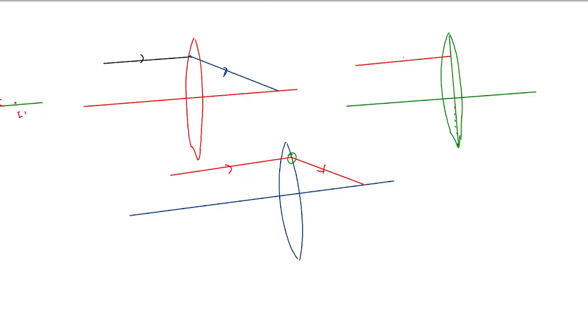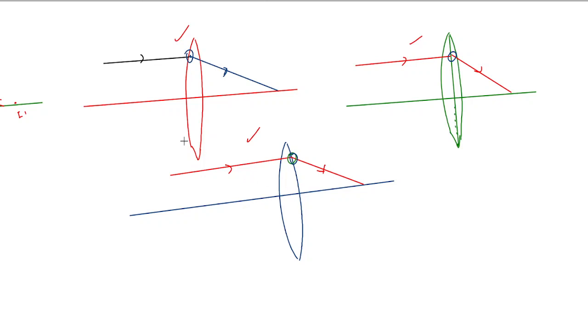Even this is acceptable. So the point is, whether you draw it like this or like this or like this, we are showing only one refraction, either here or here or at the center, not two refractions. This is true only for a thin lens, not for a thick lens.